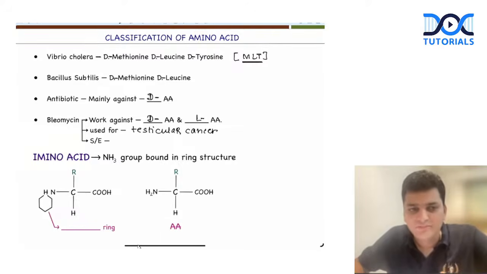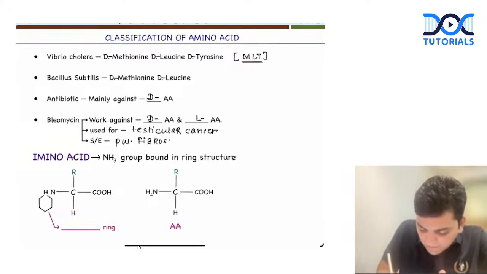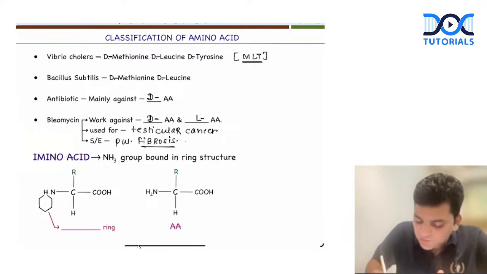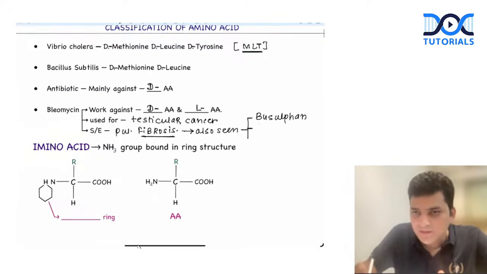The side effect of bleomycin, one important question, is that it leads to pulmonary fibrosis. Can you tell me some more drugs which lead to pulmonary fibrosis? Pulmonary fibrosis is also seen with bleomycin, busulfan. Yes, very good.